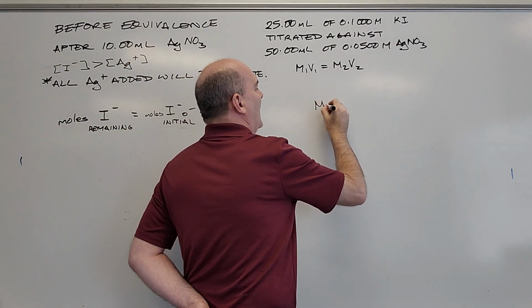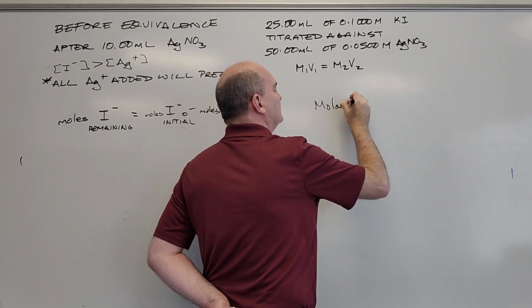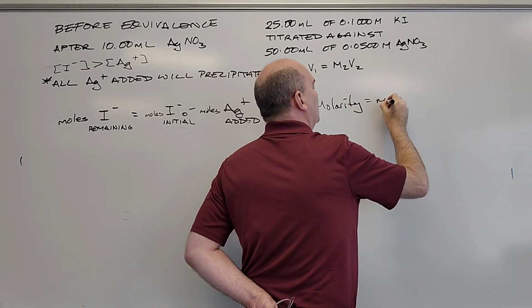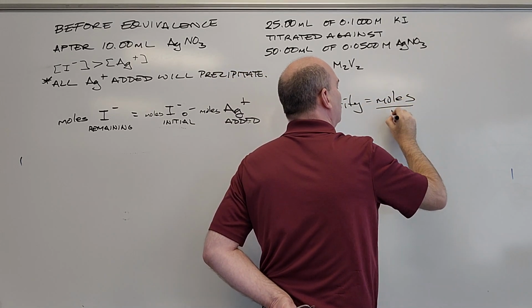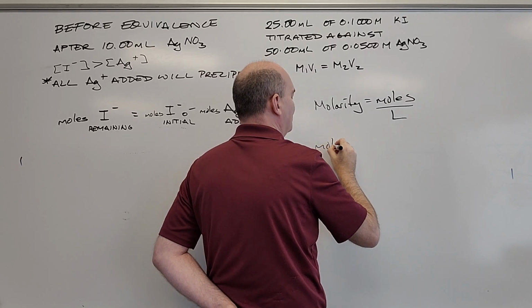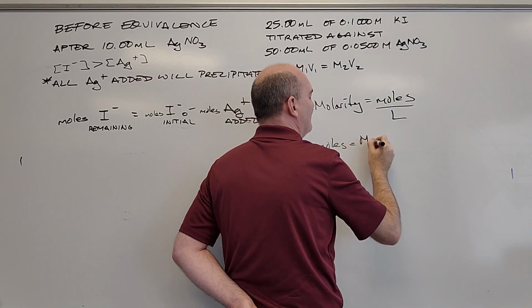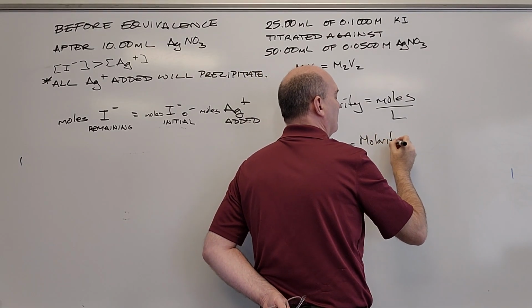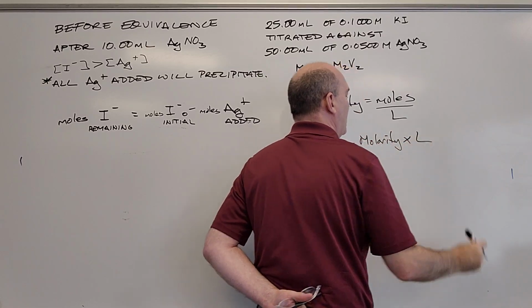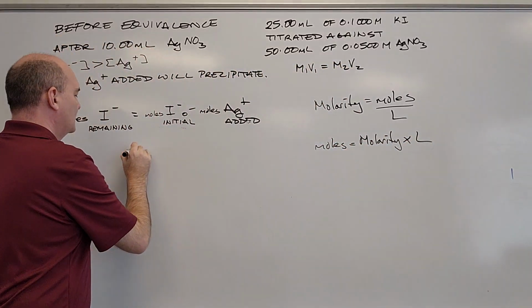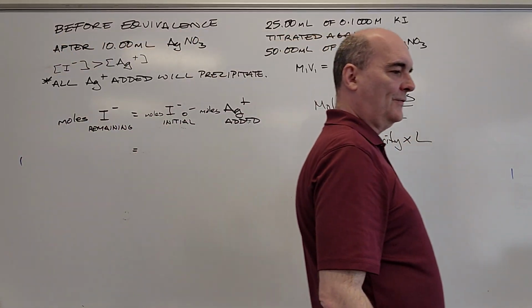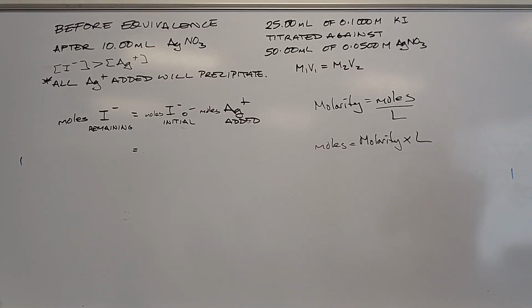What do we know? Molarity is moles per liter. Therefore, moles is molarity times liters. Okay, so I can find the number of moles of the iodide that's in the initial.